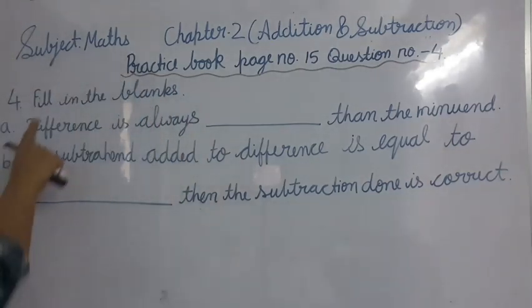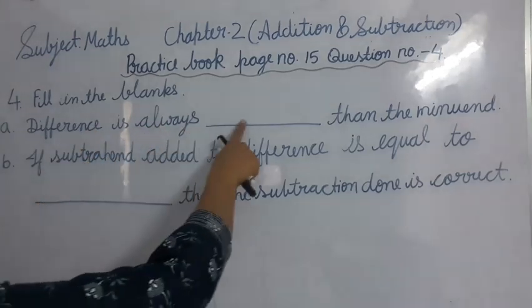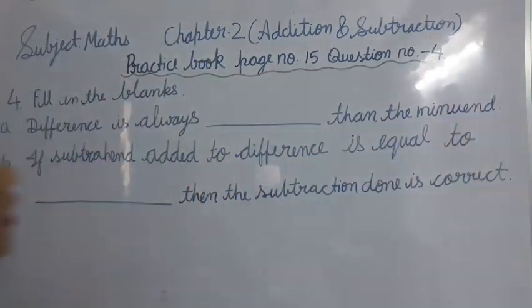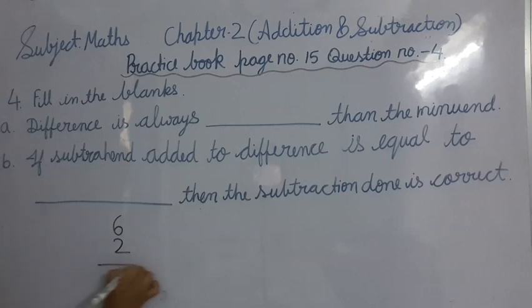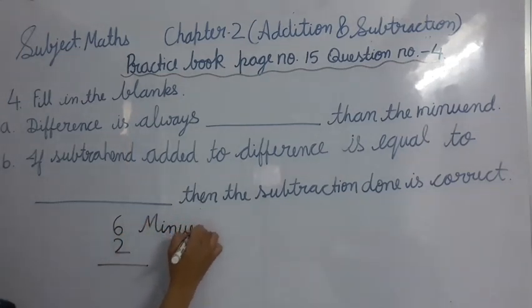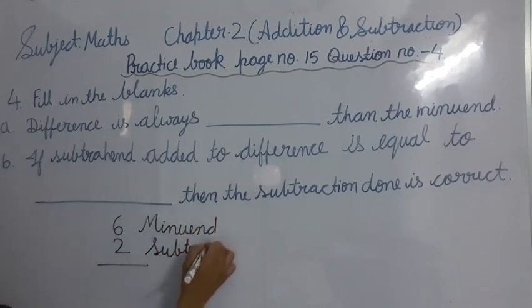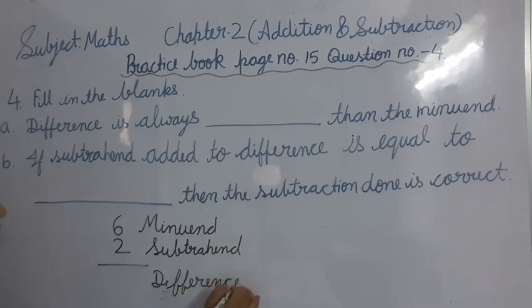So fill in the blanks we are doing. A: the difference is always blank than the minuend. Let's take an example. Difference means, if I am writing one number here, 6 and 2, this is a minuend, subtrahend, and this is called the difference.